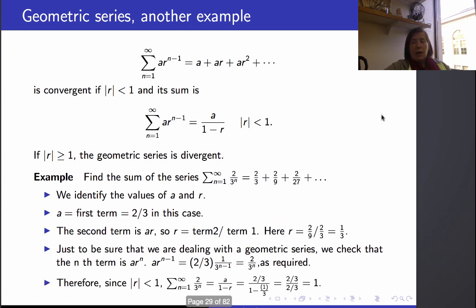Now that we know that our a and our r are correct, we can apply our formula. The sum of the series is a over 1 minus r, which is 2 over 3 over 1 minus 1 over 3, which is 2 over 3 over 2 over 3, which is 1. This series converges, which we know because the absolute value of r is less than 1, but in fact we can say what the sum is. It sums to 1.